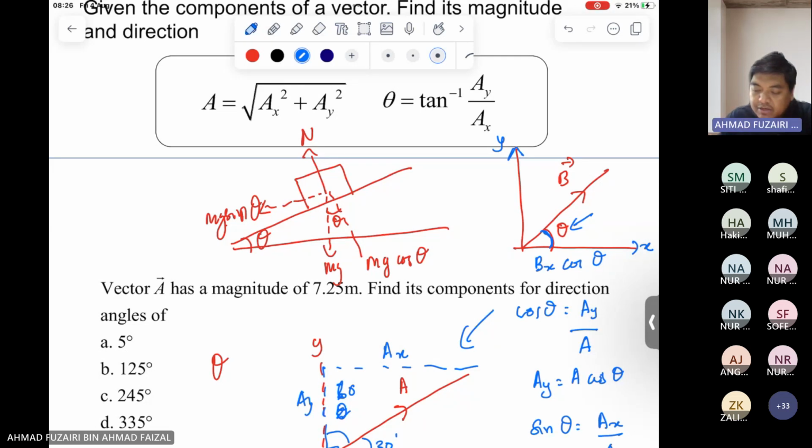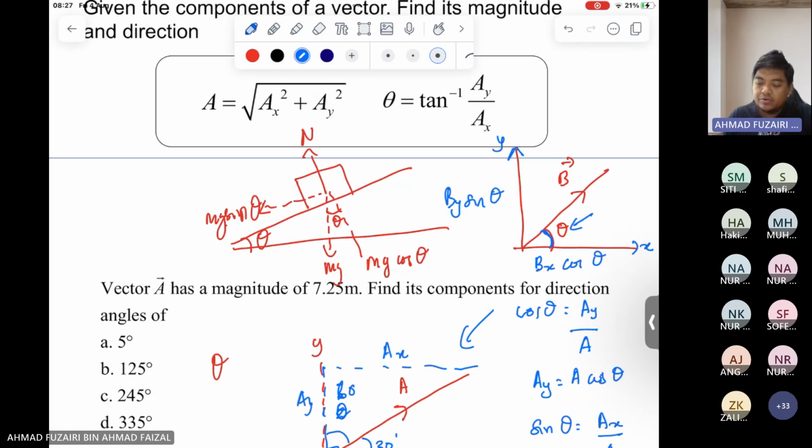Kalau yang ini dia duduk jauh, ada angle tak? Ada, tapi dalam kes ini dia letak theta saja, dia tak ada value. So obviously kalau dia duduk jauh, terus letak By sin theta. Kalau ada value lain, kita terus boleh letak. So we should understand that the cos kita senang nak tengok. Saya selalu ingat macam itulah.